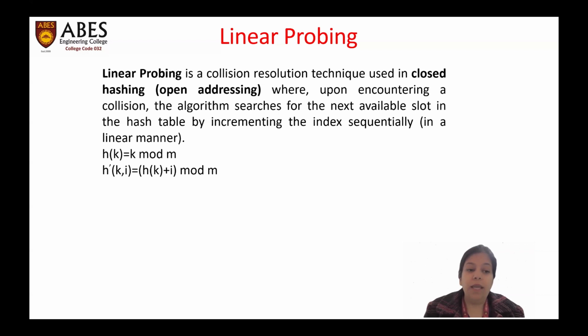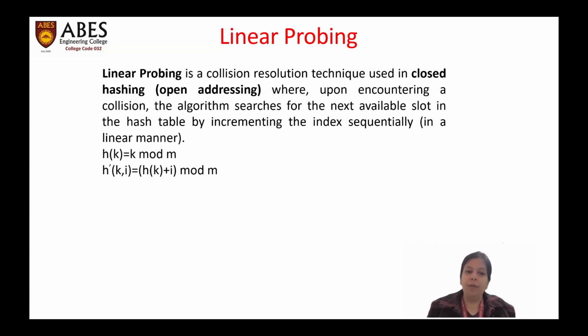So here, if h(k), that is the hash function, is represented by k mod m, if we are using the division method, then the hash function for linear probing, represented by h'(k, i), will be (h(k) + i) mod m, where i is the number of probes that you are doing in order to resolve the collision.